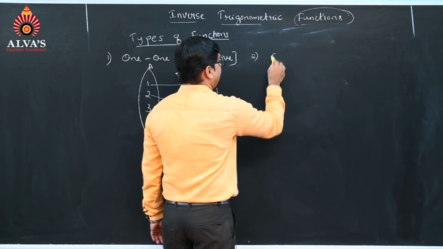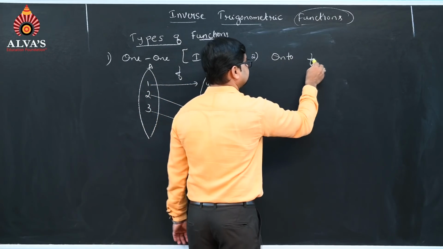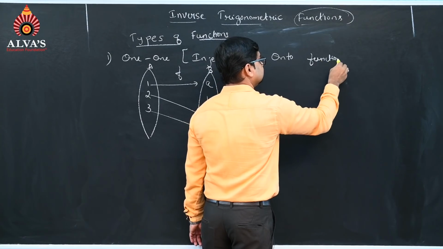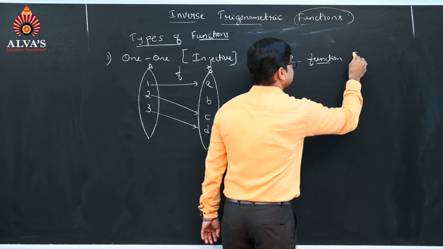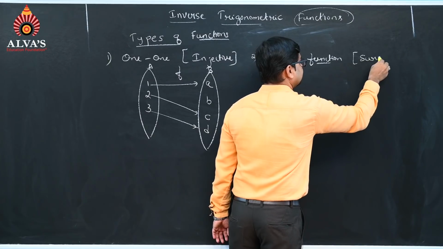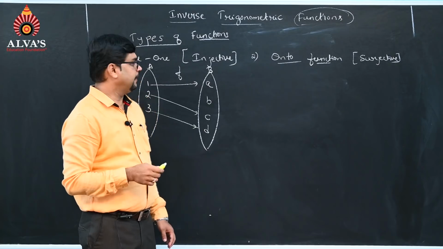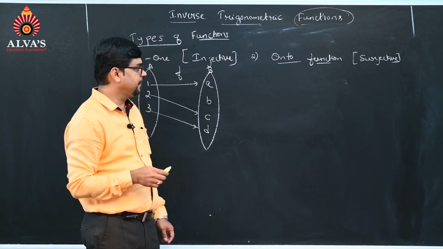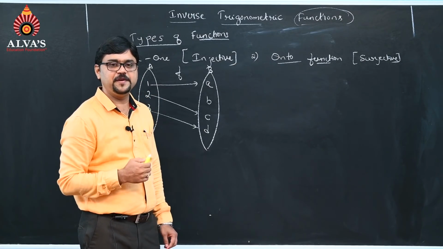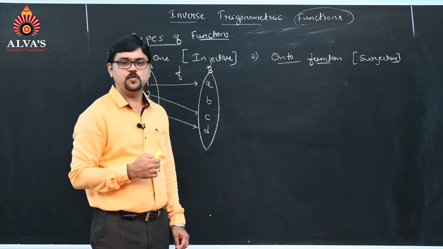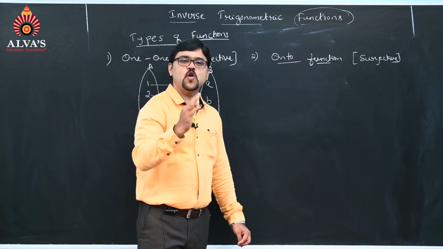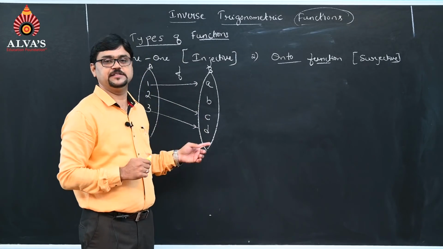The second one is onto function. It is also called surjective. In simple words, we say a function f from A to B is said to be onto if codomain equals range.